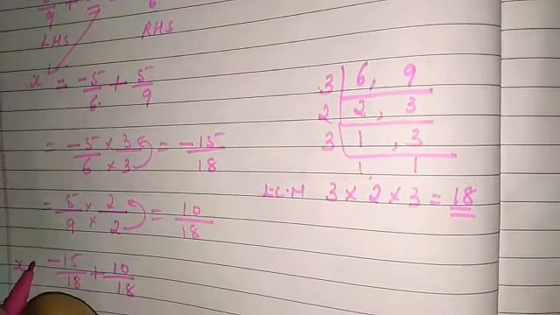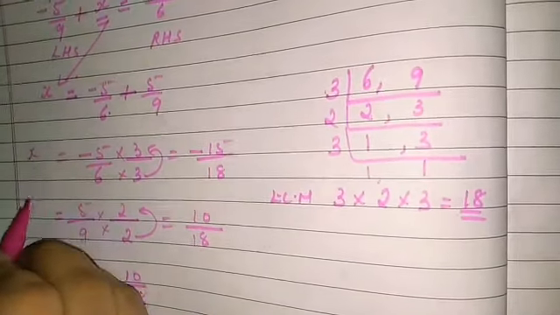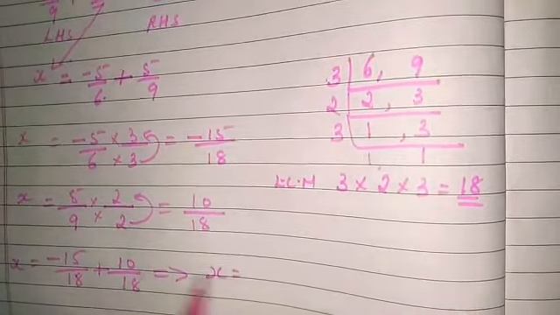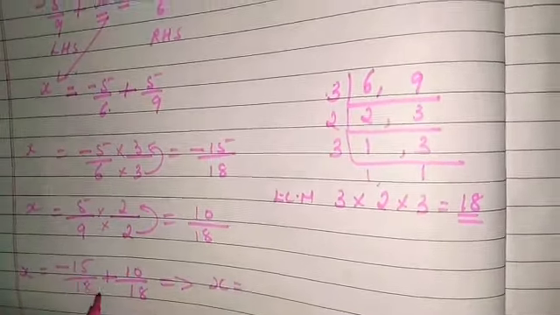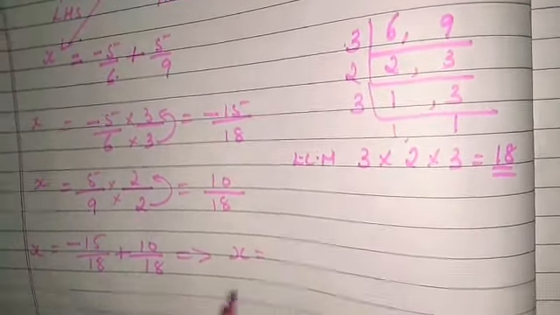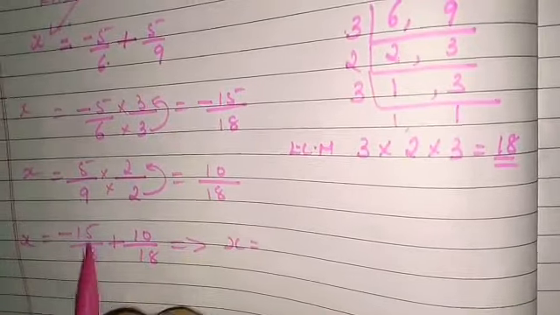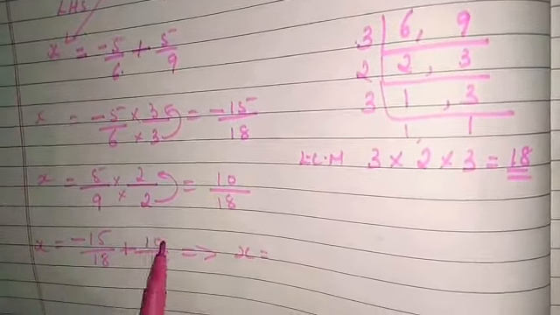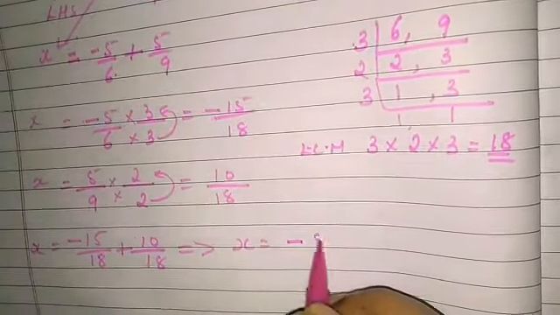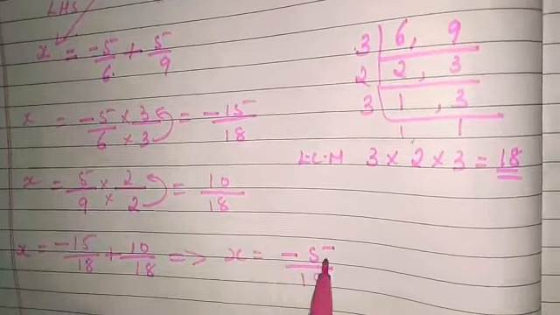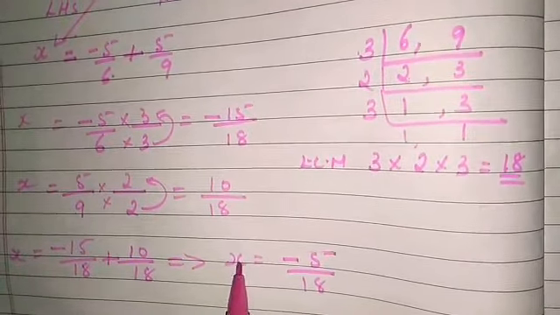Now we are going to find the value of x. x equals minus 15. What we have done is we have made the denominators same, so it becomes easy for us to perform the operation only on the numerator. So minus 15 plus 10 gives us minus 5, and the denominators are same, so we just write it as minus 5 by 18. Now this is the value of x.